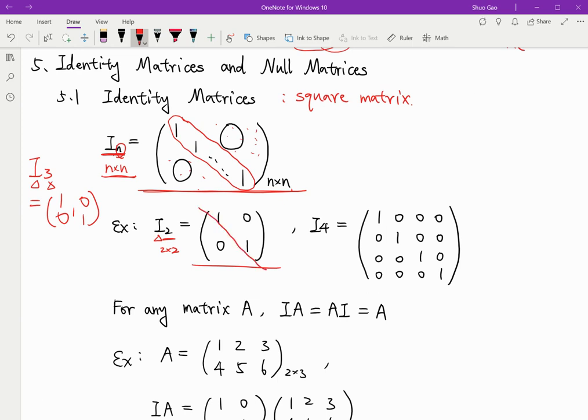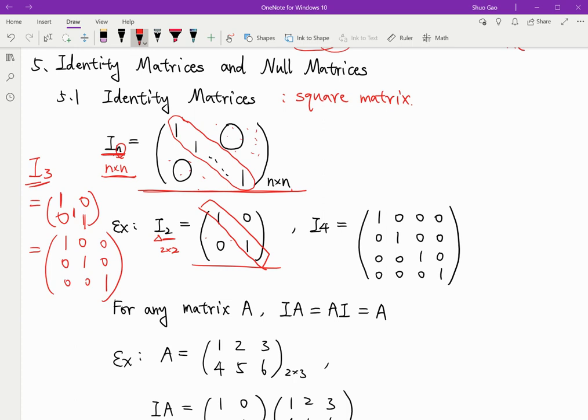Only the diagonal here is 1, and for the other part, we only have 4 elements here, so only 2 zeros in the other part. So this is called an identity matrix. If this is I_3, and we write things out, it should be 1, 0, 0, 0, 1, 0, 0, 0, 1.